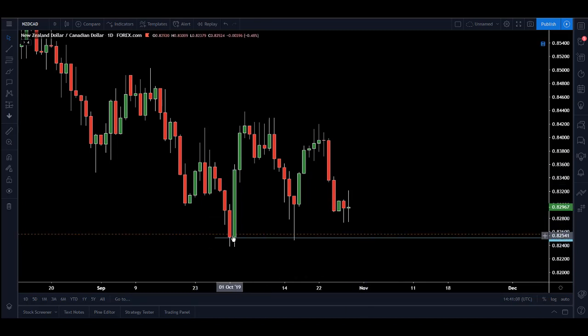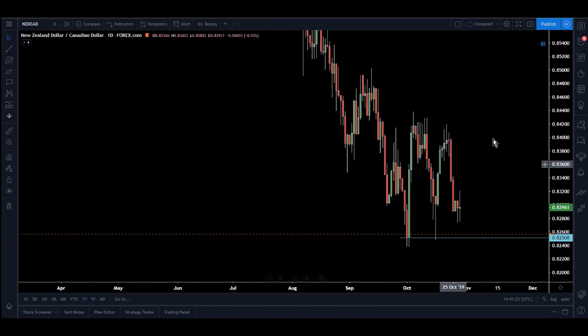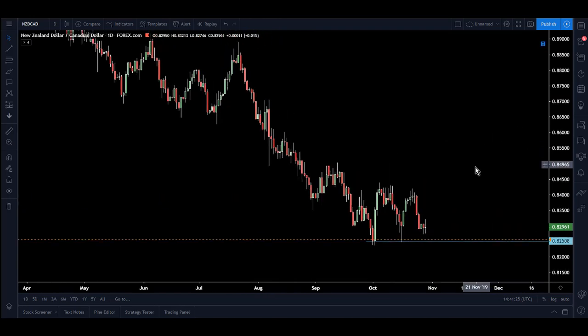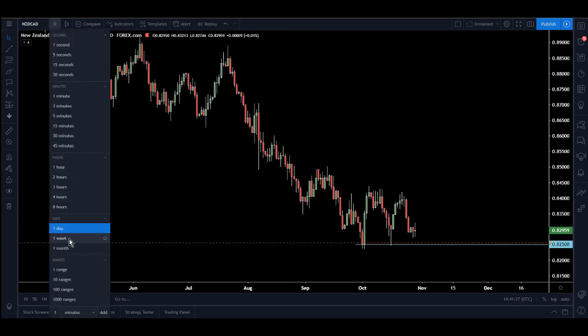Okay, we saw this as support here, came down again as support. Looking for price to come down one more time here, and we find support and we look to buy. So that's another area where potentially you could keep your eye on.